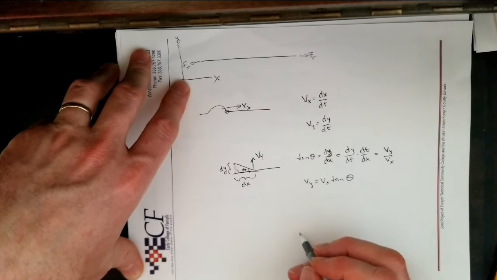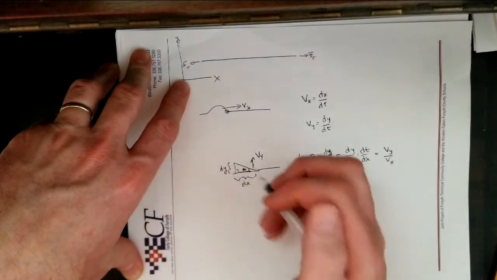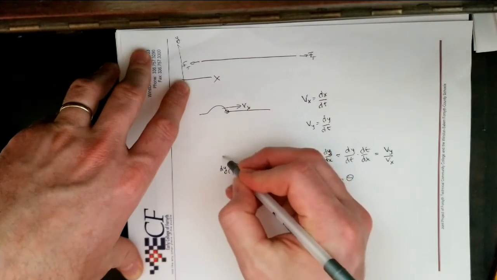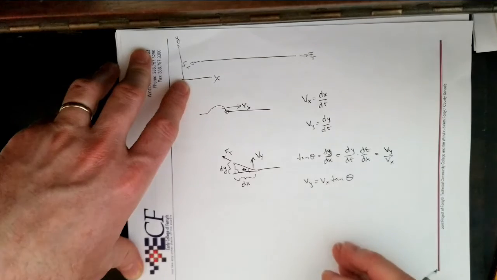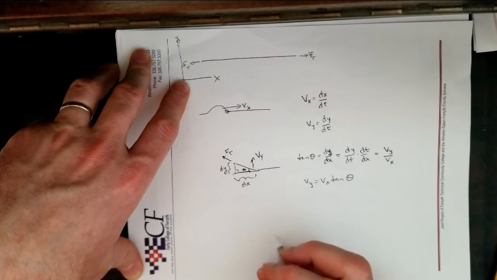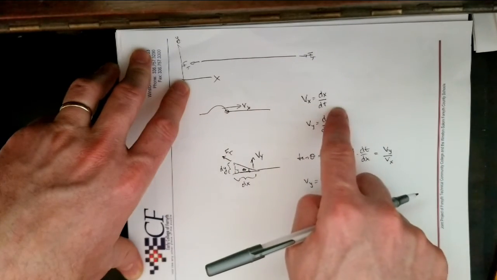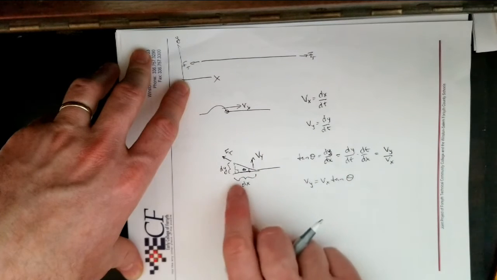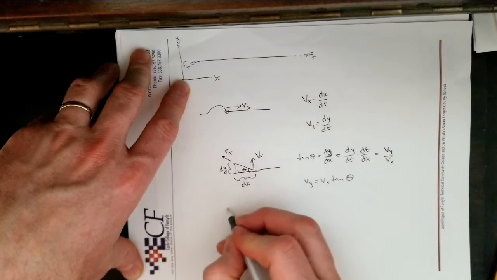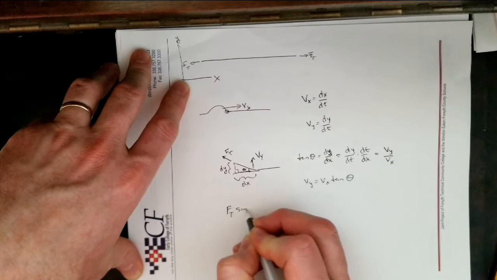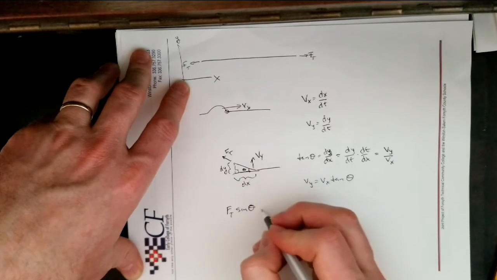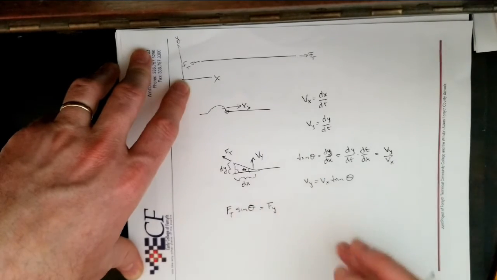If I now look at the forces involved on this piece of string, I have a tension that is acting off at an angle. And since it is traveling at a constant speed in the horizontal direction, the only force that really is going to matter here is the vertical one. So that is going to be Ft sine theta, the vertical force, equals Fy.